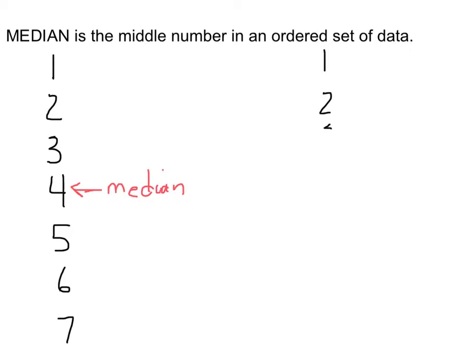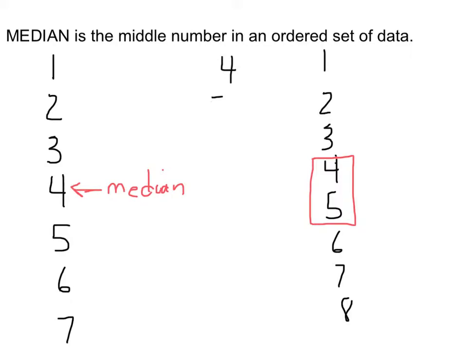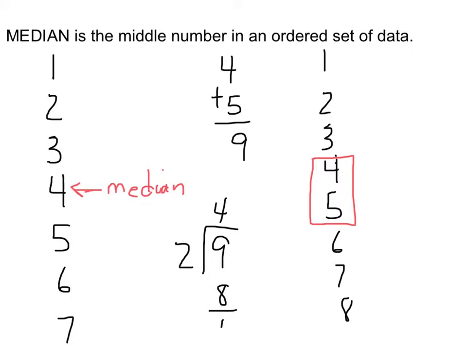If you have a set of numbers that are even numbered, like this set, in order to find the median, you would take the 2 center numbers, add them together, and then divide by 2. In this case, the median is 4.5.